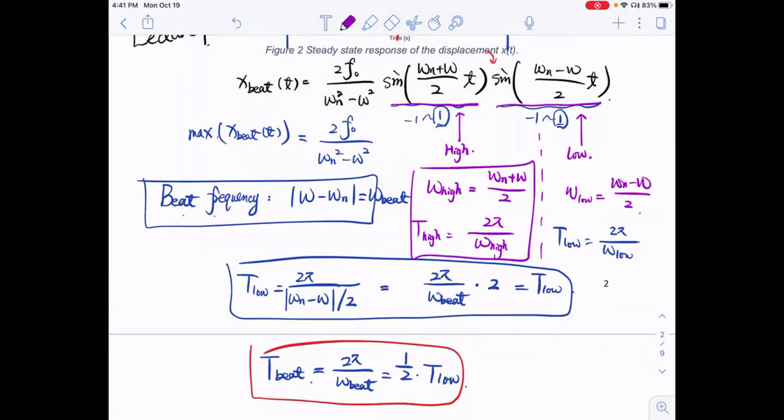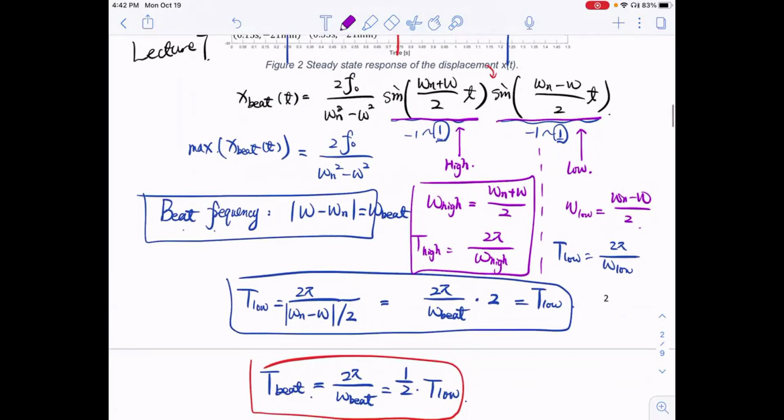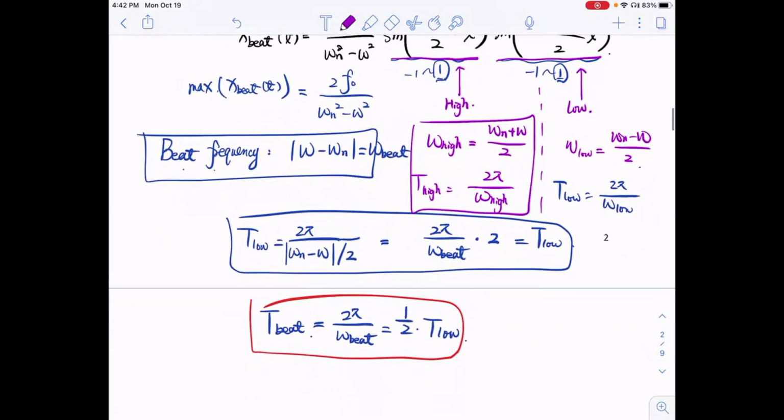Make sense? So is the beat frequency the frequency of the envelope? I didn't get your last word. You dropped out. Is it the frequency of the envelope itself? Yes, correct. Yes, you're right. The beat frequency is the frequency of the envelope.